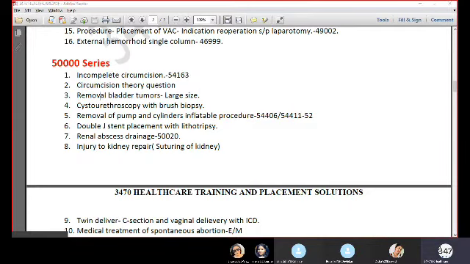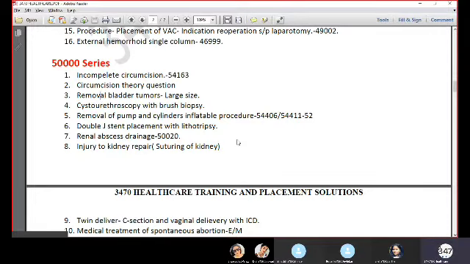And what is modifier 63? Procedure performed on infants less than 4 kilograms. So for any procedure they are doing, we need to add modifier 63.